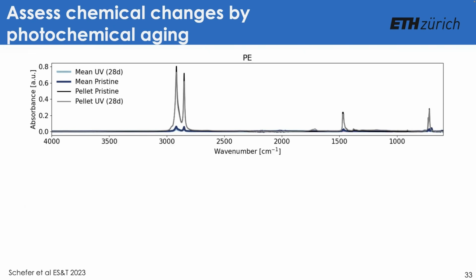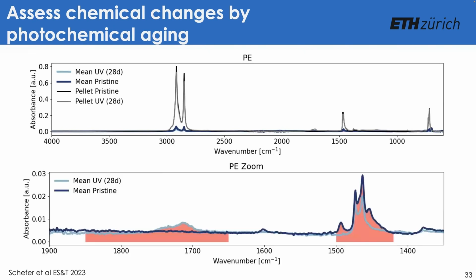And then when we zoom in to these areas where we have most of the peaks, we can start to see these changes in the chemical composition easier, and then are able to see the extent of oxidation, for example, on the polymer surface when we have the FTIR information.